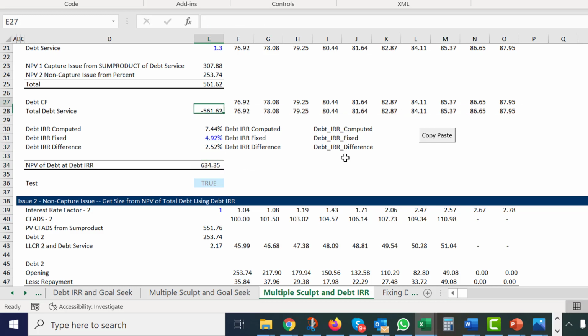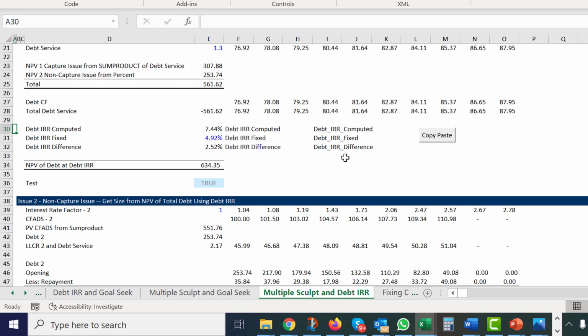You use the sum product and the interest rate to get the amount of this debt. The amount of this debt comes from the total, which comes from the debt IRR, but the debt IRR needs the total itself because it's negative here, and that's where you go around and around. And that's the method that I'm using in the UDF.